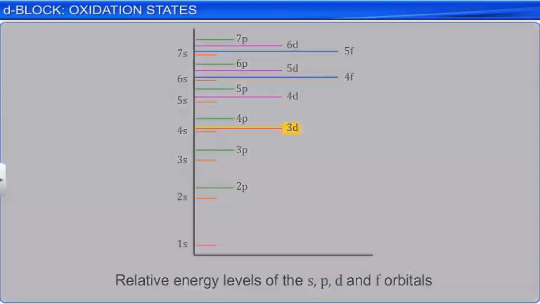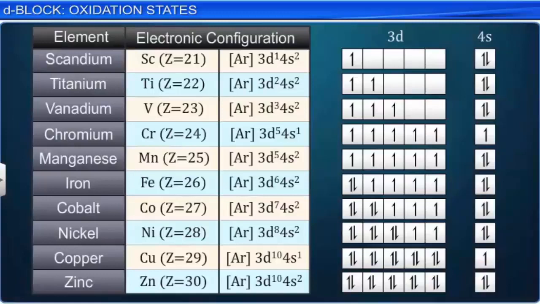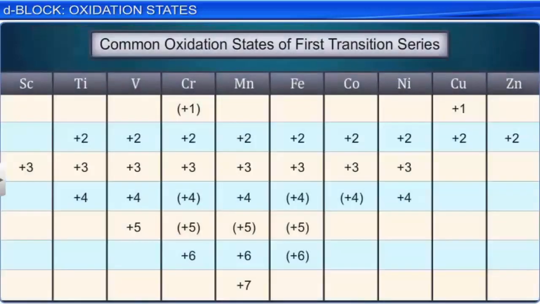Because of this, in addition to ns electrons, (n-1)d electrons also participate in bonding. The table here lists the common oxidation states exhibited by the first row transition elements. Note that the oxidation states shown in brackets correspond to unstable oxidation states.